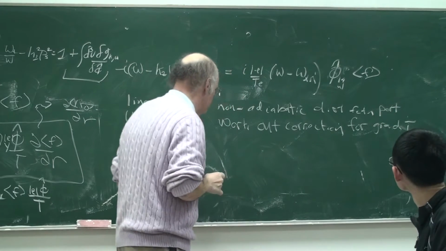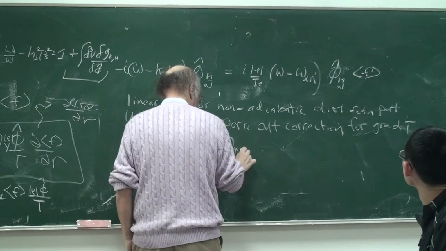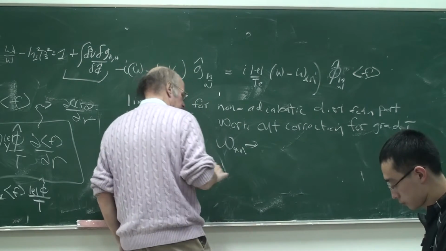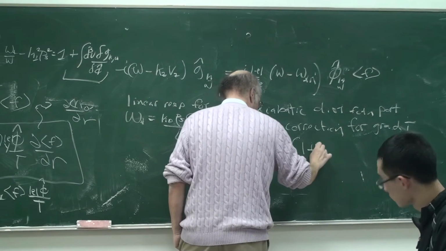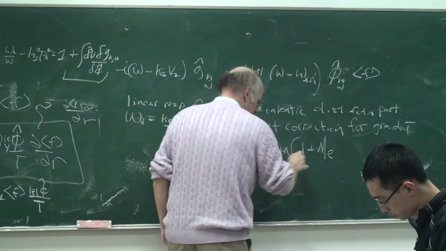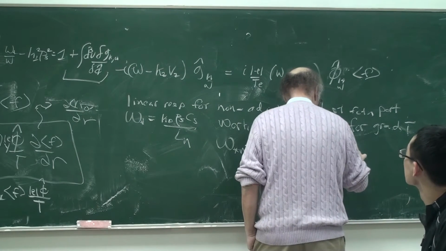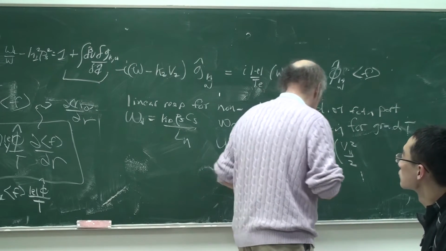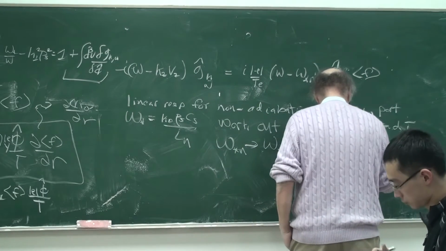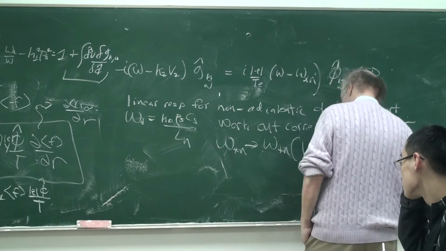So what happens with grad T is that omega star n goes to omega star n times 1 plus this parameter eta sub e times a function of velocity, v parallel squared over 2 plus v perp squared over 2 minus 3 halves.